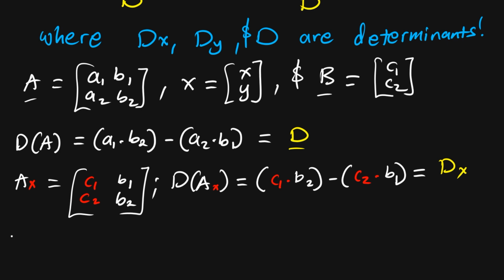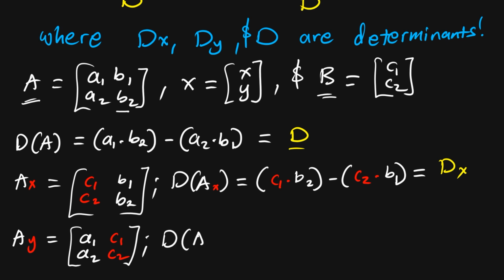Also for the determinant dy, let's get to the matrix Ay. To obtain the matrix Ay, we modify the matrix A by replacing the coefficients of y from the linear equations, that's b1 and b2, with the elements in B, or the elements in the vector of constants. So a1 and a2 will be maintained, but b1 and b2 will be replaced with c1 and c2. From this we can obtain the determinant.